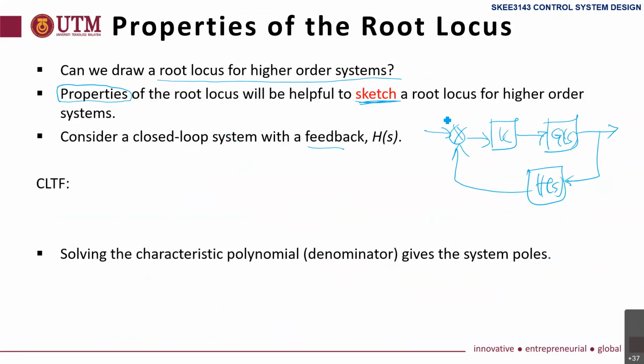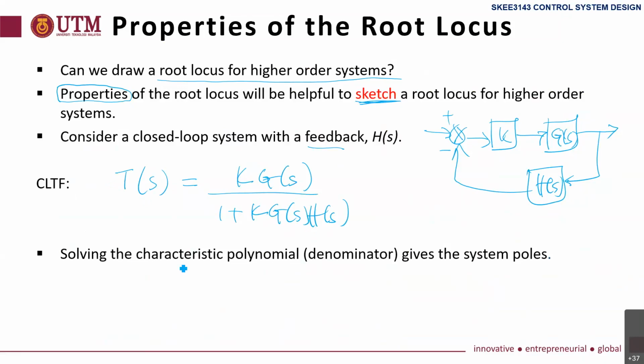The one that we normally use is negative feedback. So the closed loop transfer function, if T is the closed loop transfer function, is K G(S) over 1 plus K G(S) H(S).